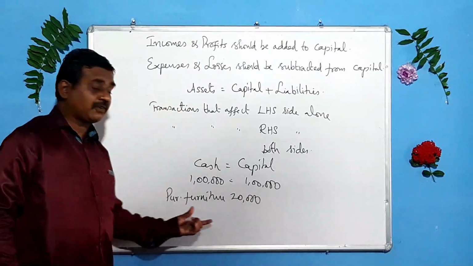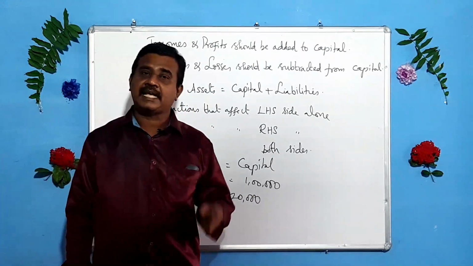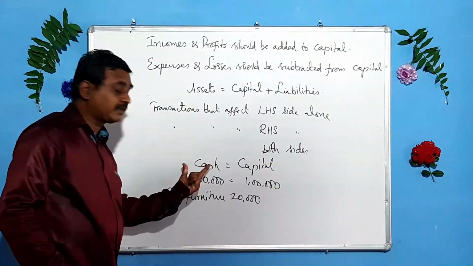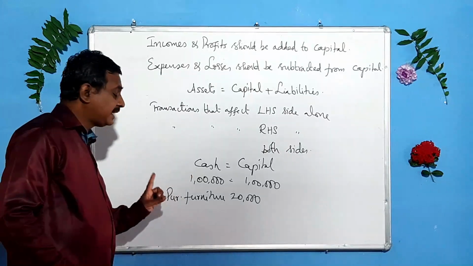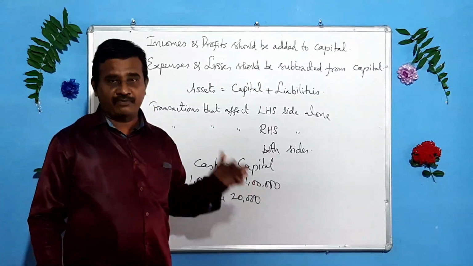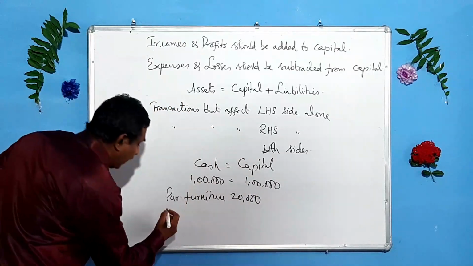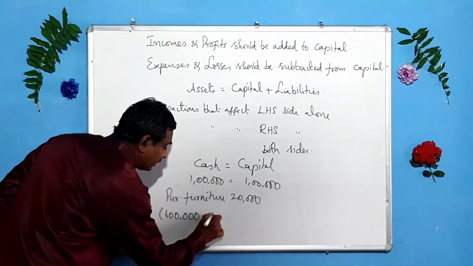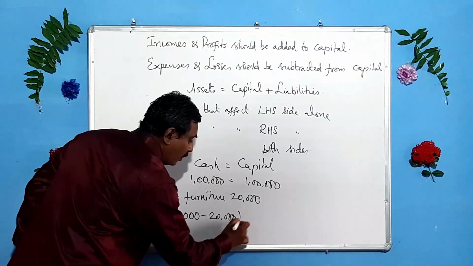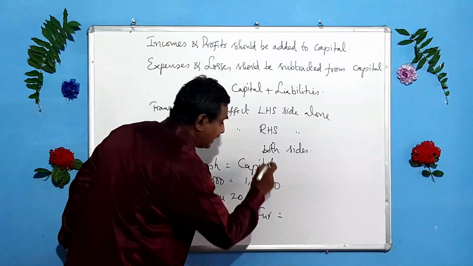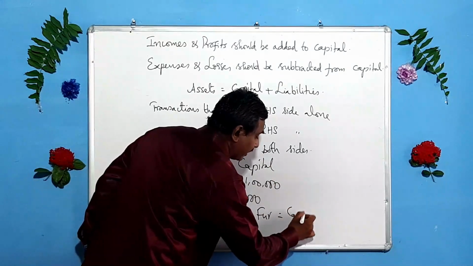Remember, purchase of furniture should not be taken as an expense. Here we take 20,000 from cash, and that 20,000 is converted into another asset called furniture. So from this cash, we have to subtract that 20,000, and we have now got one asset called furniture, and there will not be any change in the capital.